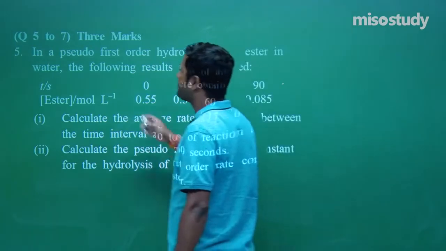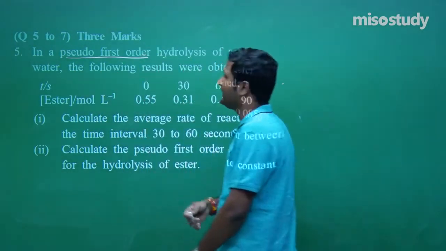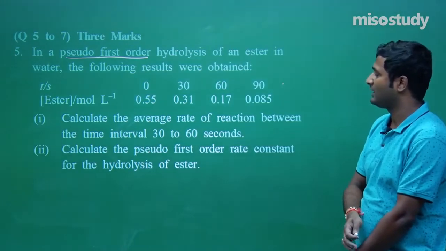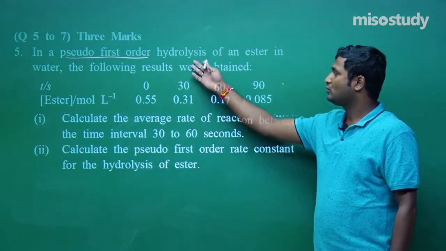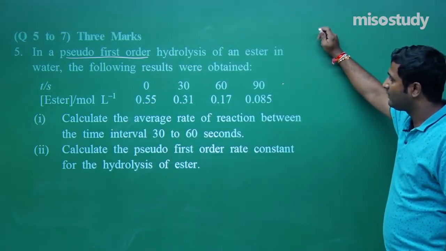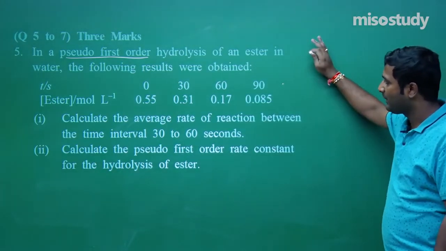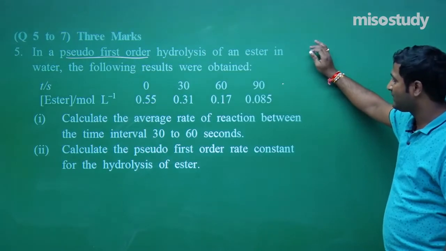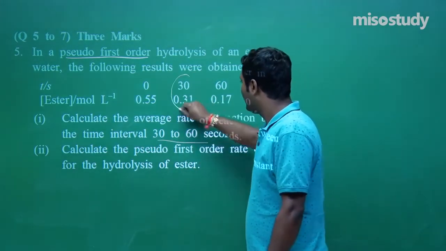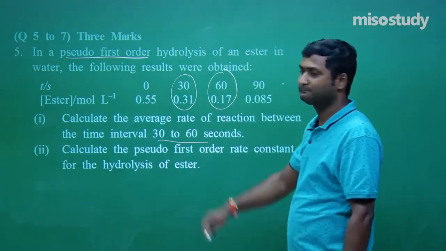The reaction which looks second order but its order is first, that is known as pseudo first order reaction. Here is given, in a pseudo first order hydrolysis of an ester in water, the following results were obtained. Calculate the average rate of reaction between the time interval 30 to 60 seconds.